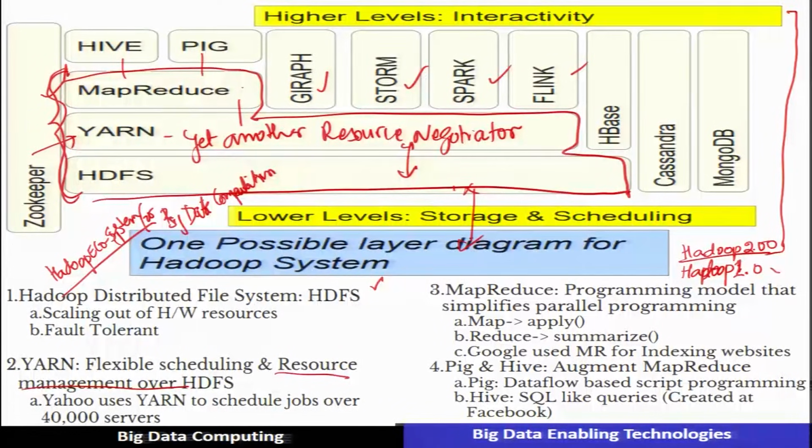Earlier in Hadoop version 1.0, all the applications were running over MapReduce. Now there is a choice, that means MapReduce or non-MapReduce applications can run with the help of Yarn and HDFS. So now with Hadoop 2.0 it is possible to be more flexible.